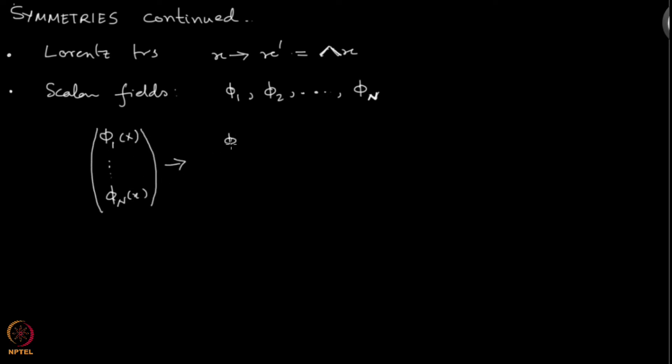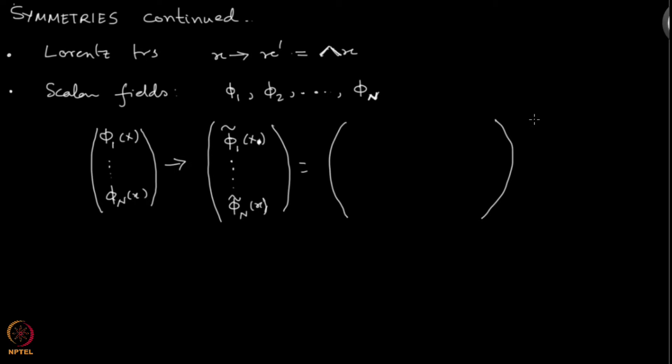Then these fields will get transformed to phi tilde 1 of x up to phi tilde n of x, where the phi tildes are related to phi by the following: phi 1 of lambda x, up to phi n of lambda x.